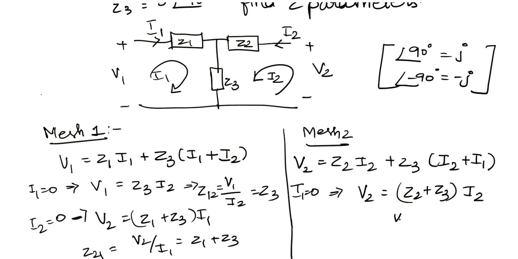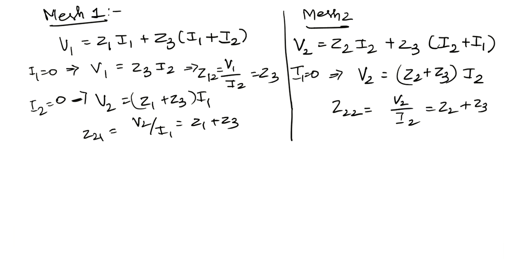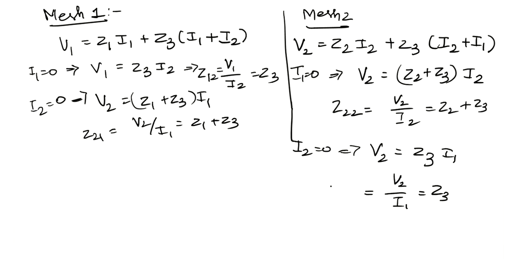So V2 by I2 will be equal to Z2 plus Z3, and this name will be Z22. Clear? And finally the last one. I2 will be 0. Get the equation V2 will be equal to Z3 I1. So V2 by I1 will be equal to Z3, and this will be called Z21.